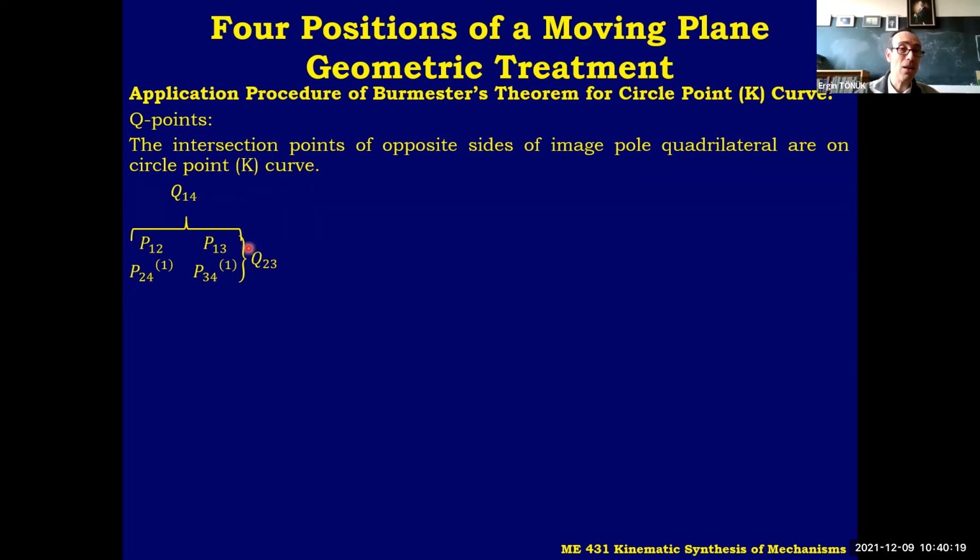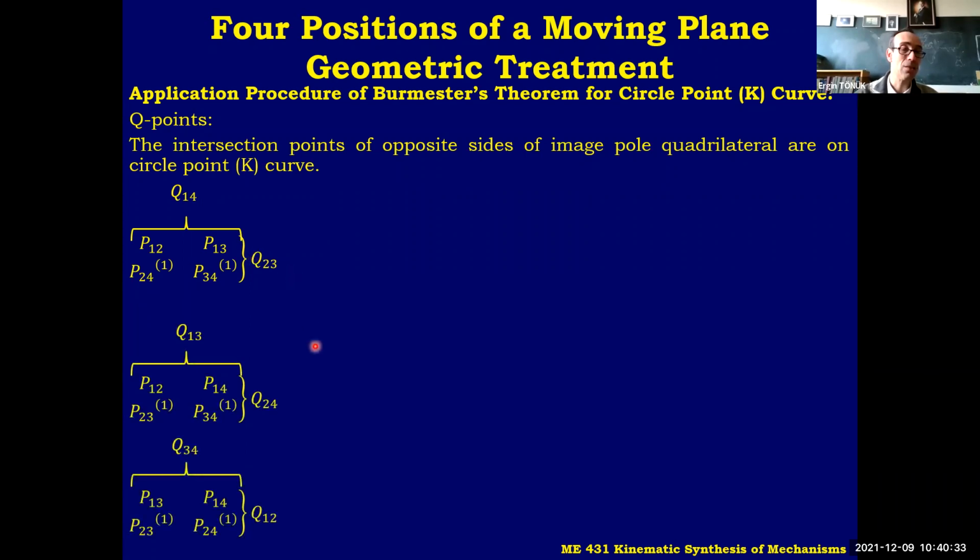So for a selected pole quadrilateral, you have 2 Q points. In total, you can construct 3 pole quadrilaterals. So you can have 6 Q points, without constructing the Burmester's curves. These are 6 points on Burmester's curve, which are easier to obtain rather than drawing the pencils of the circles.